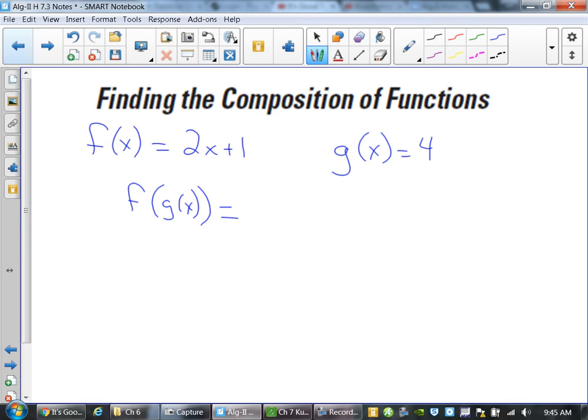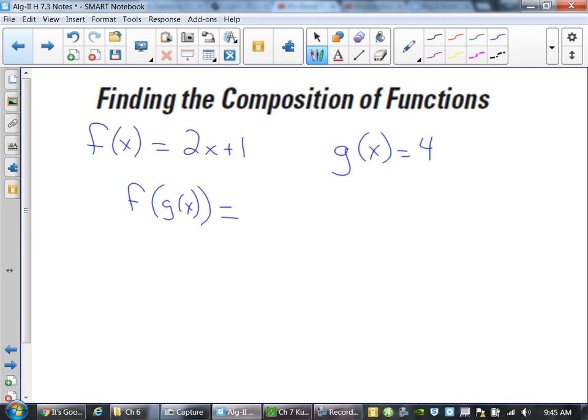Now, if I'm looking at this, it says f of x is 2x plus 1, and g of x is 4. What I wrote down below that was what is f of g of x. Now, the order of operations tells you to go to your parentheses first. Do you agree?